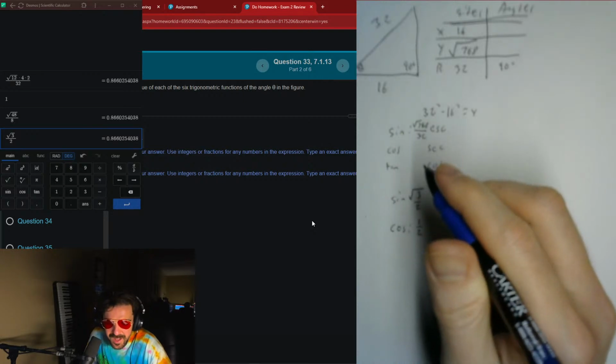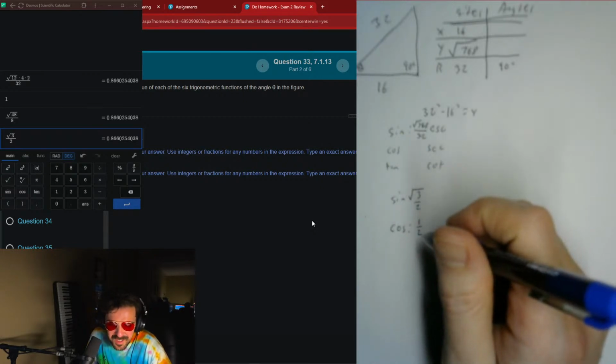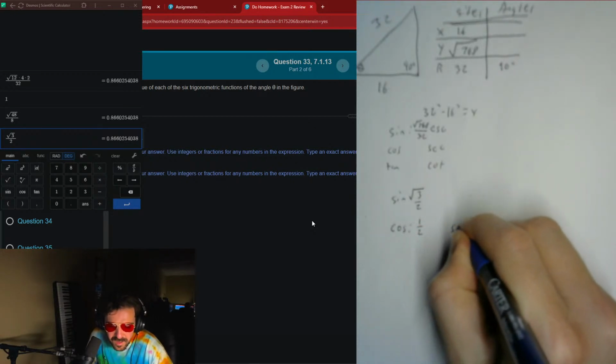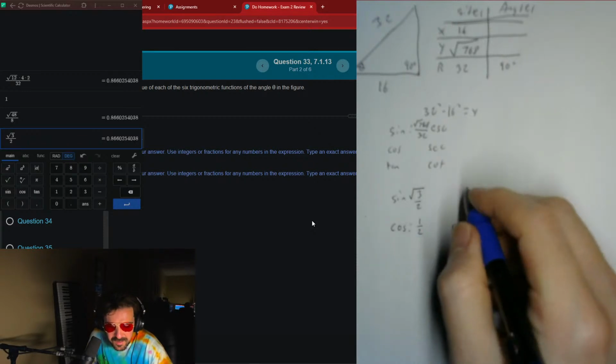If cosine's 1/2, then all the proportions are the same. Right? Like they sort of have to be, don't they?